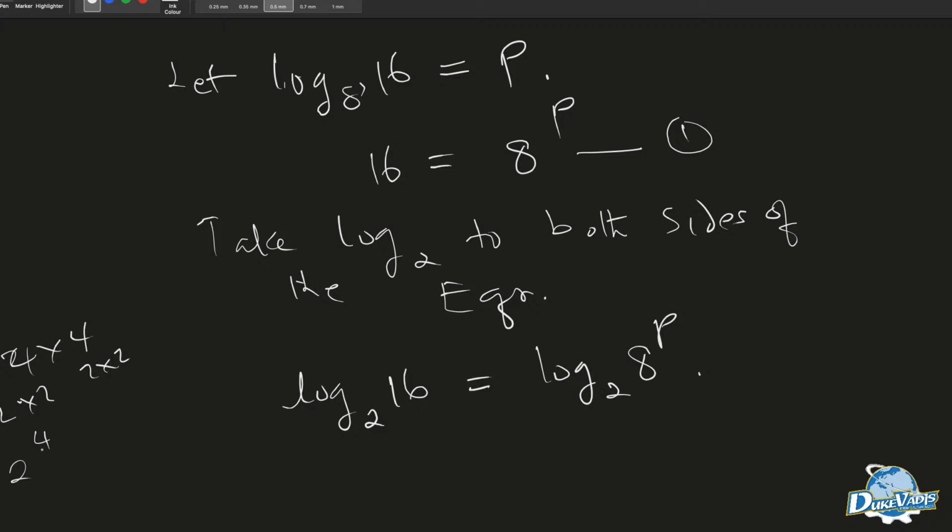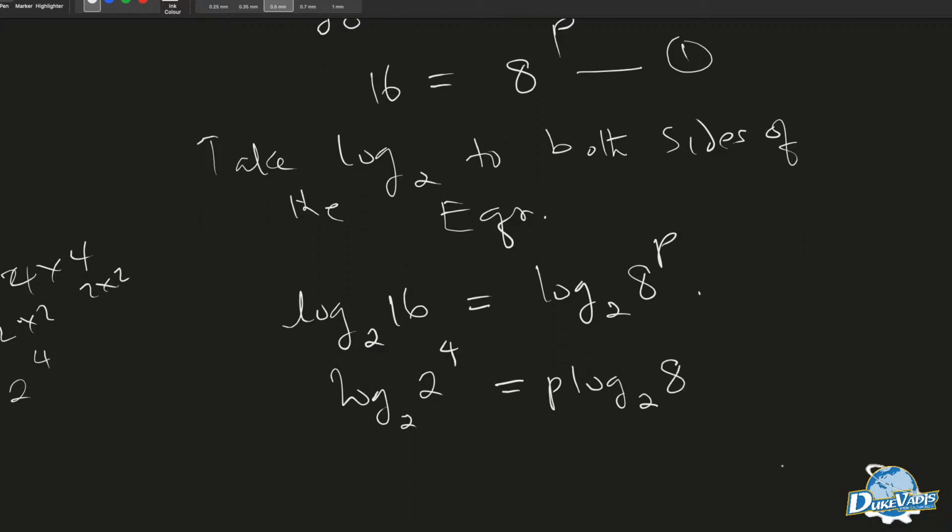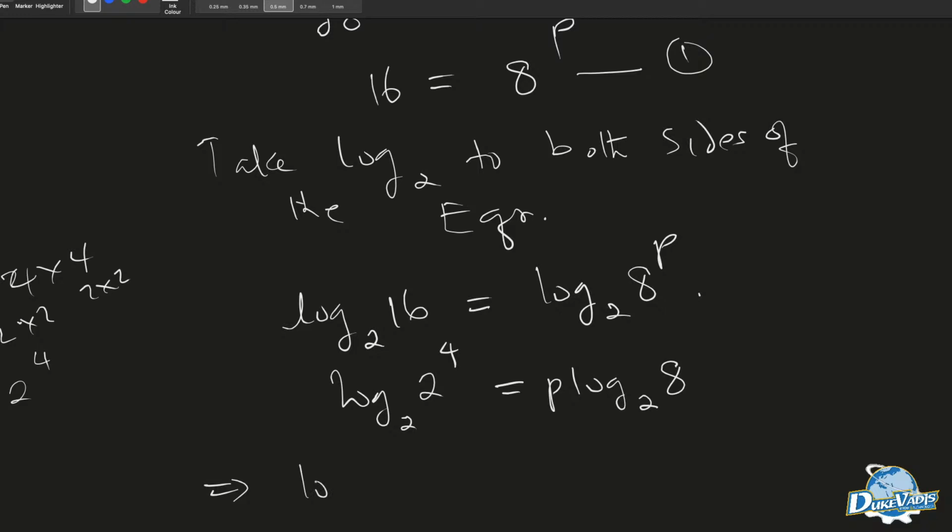So log 2 raised to the power 4 is equal to p log of 8, and we can further break the 8: log 2 raised to the power 4 is equal to p log 2 raised to the power 3.